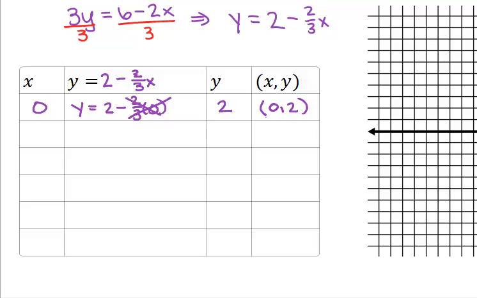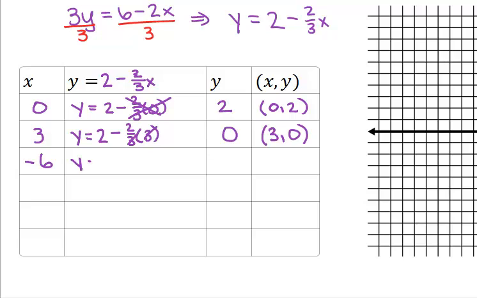Now for my multiple of 3, I'm going to pick a positive 3, and that gives me y is equal to 2 minus 2/3 times positive 3. So my 3 divided by 3 cancels out, leaving me with 2 minus 2, which simplifies to 0. So my ordered pair is 3, 0. Let me pick a negative value as well, a little bit bigger than just 3. So I'm going to pick negative 6.